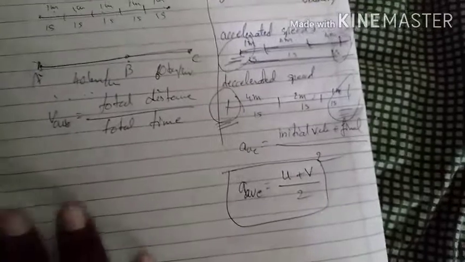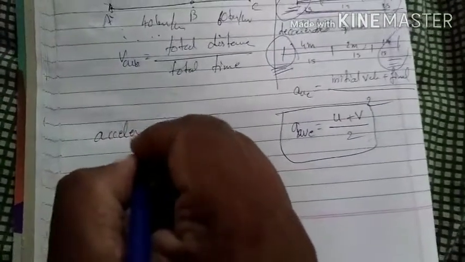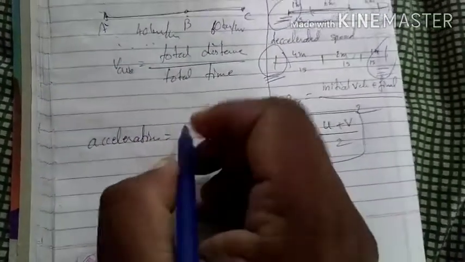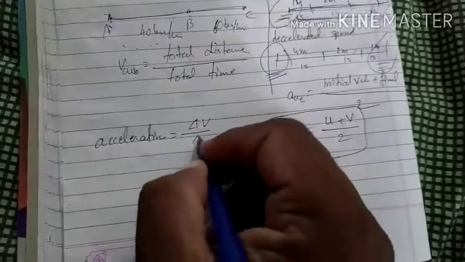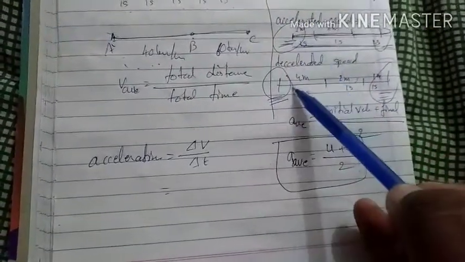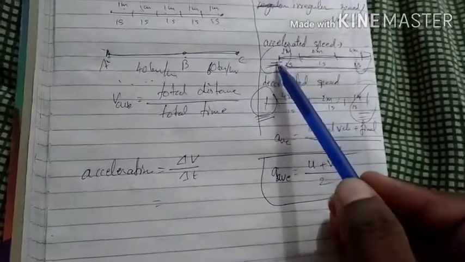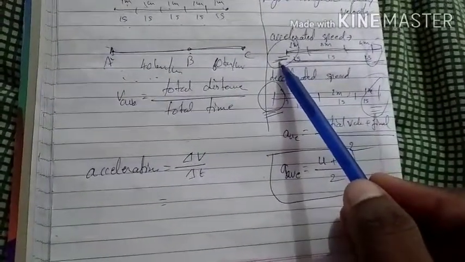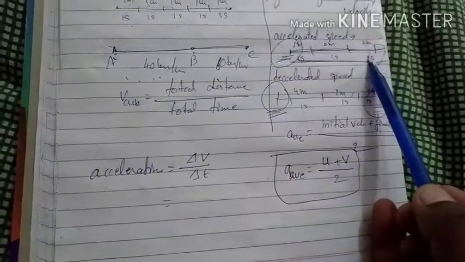Now I want to add a little explanation to acceleration. In the previous class, the definition was: change in velocity with respect to time. Wherever a change in velocity happens, at the beginning we have an initial velocity and at the end a final velocity.